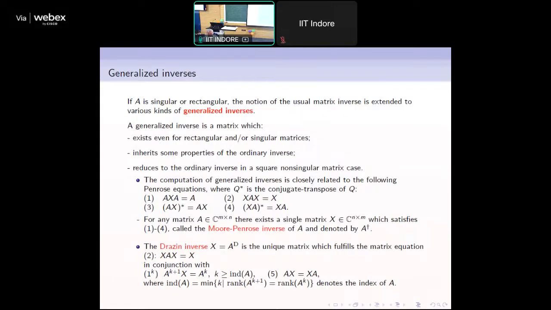What is the need of introducing weights? There is a reason to introduce the weighted Drazin index, because the Drazin index is applicable only to the square matrix case, and the weighted one is applicable to all cases.